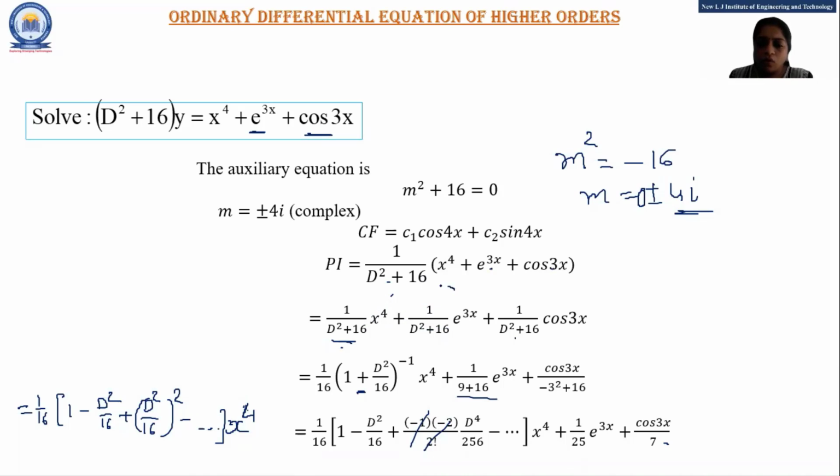If you want to solve this step, you have to just remember your first case. As per the first case, if your right hand side numerator is an exponential term and in the denominator a function of d is there, then you have to just substitute the multiple of x in this d. The multiple of x is what? 3. So d square becomes 3 square plus 16, which is 9 plus 16, 25. For the last term, you have to remember your second case.